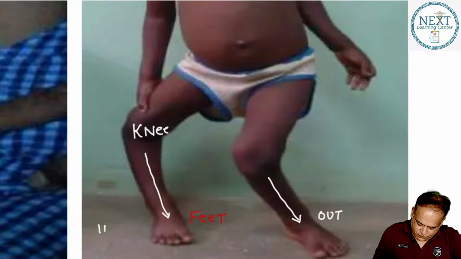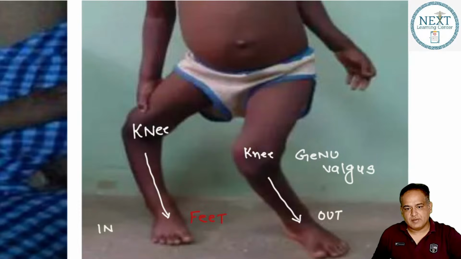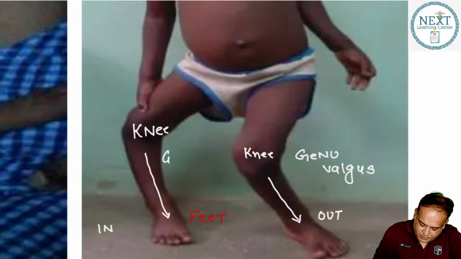So what am I trying to say? On the left side, your patient has a deformity called genu valgus. On the right side, your patient has a deformity called genu varum.